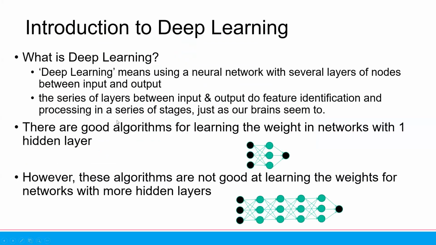So what is deep learning? When you learn the neural network, it is correlated with deep learning. Deep learning means using a neural network with several layers of nodes between input and output.